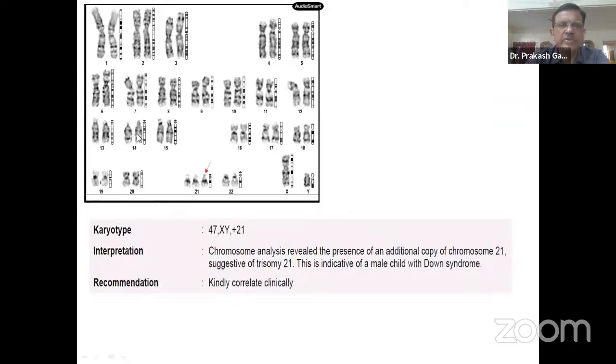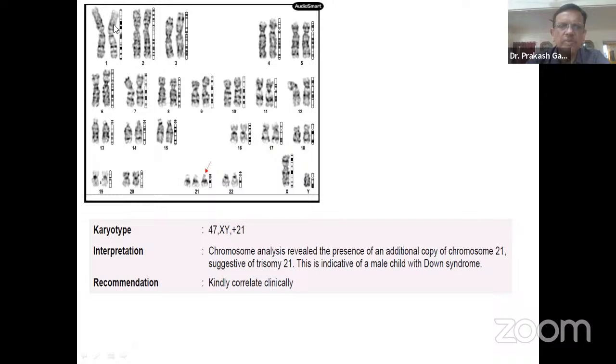Now I am just going to tell you how to read a particular report. For example, whenever a karyotype report is there, you can see the interpretation of this report. The first number says the number of chromosomes is 47. The second says what the sex chromosome complement is. And then it tells you what the abnormality is.